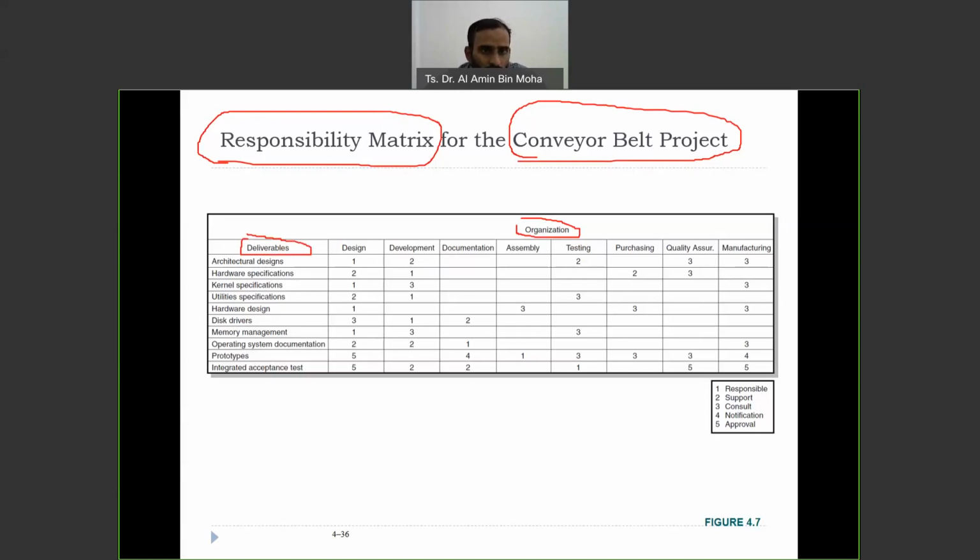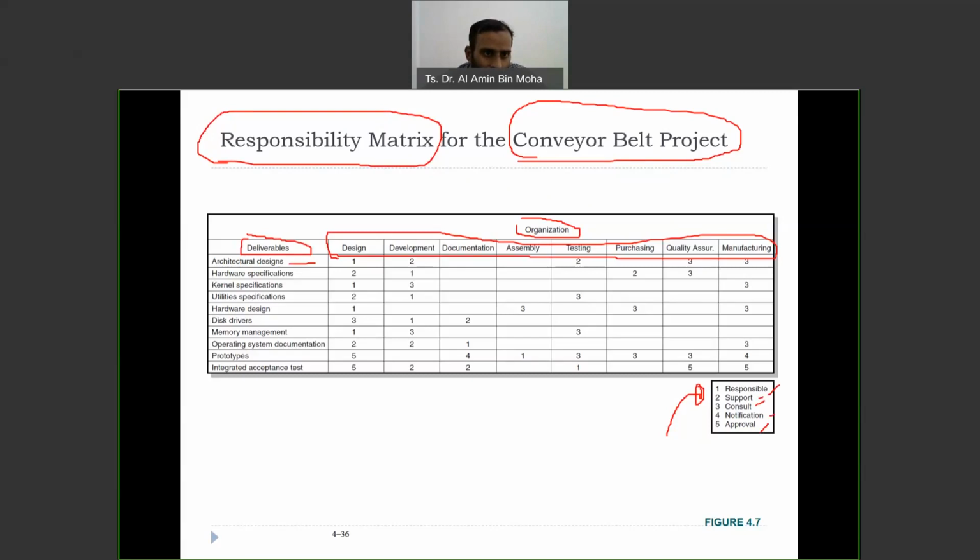So this is what is involved in this mapping. And their indicator is also more specific, with 5 different levels. Responsible, support, and now they have consult, notification, and approve. Take an example of architectural design.